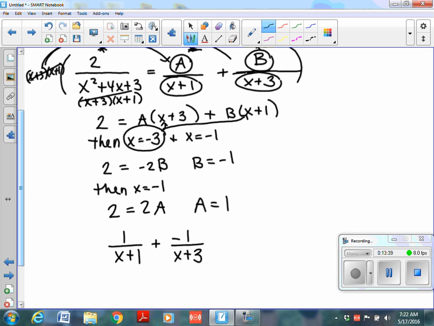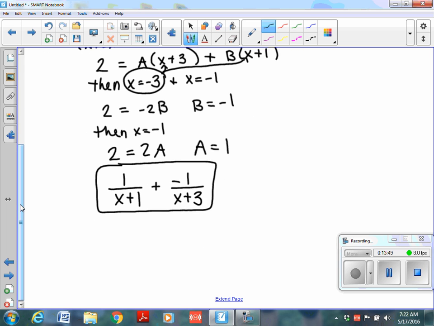Okay, if I wanted to put this back together like you learned in Algebra 2, if I wanted to simplify this, could I go back in a circle? If I want to put this as one fraction, don't I have to find the common denominator? Isn't the common denominator both of them? Isn't it x plus 1, x plus 3? And then you look, this one's missing x plus 3, so you have to multiply the numerator.